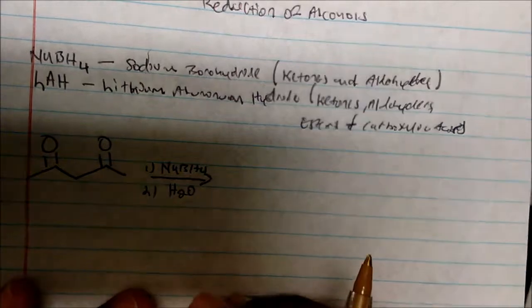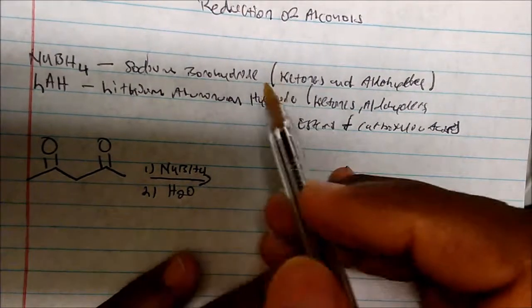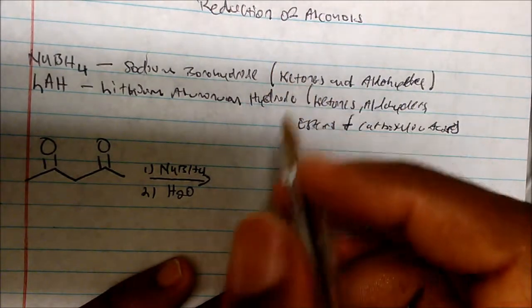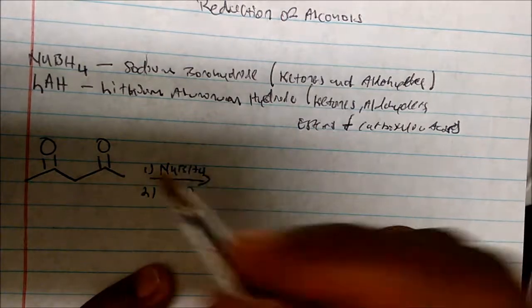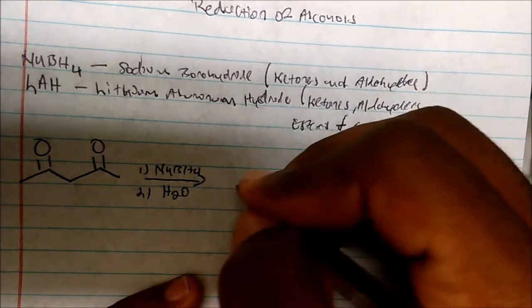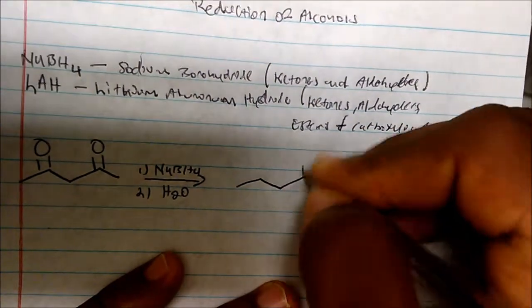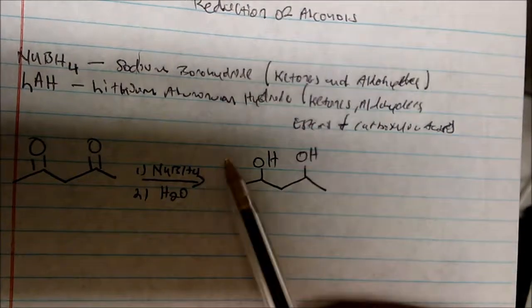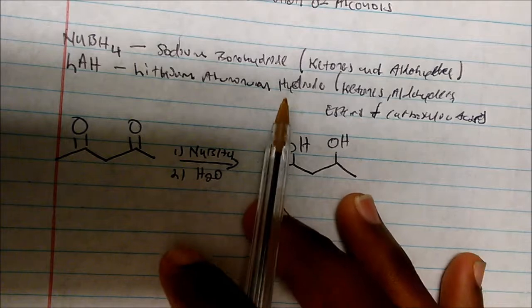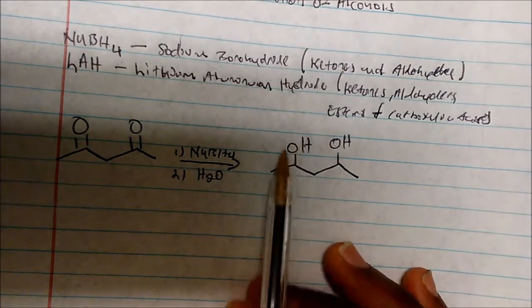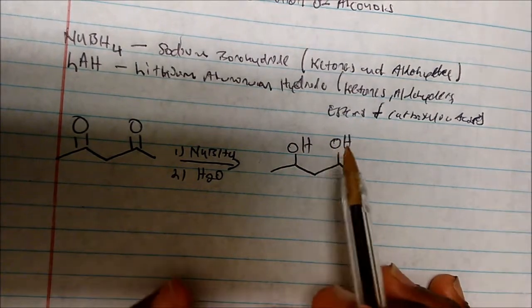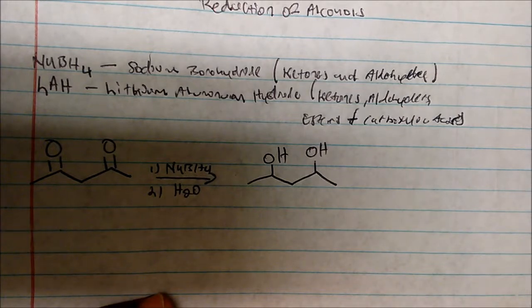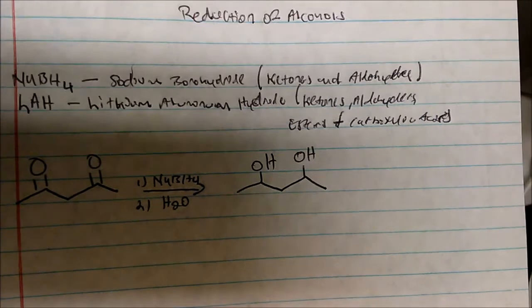What would happen? Well, we just said that it reduces ketones and aldehydes. We see that we have two ketones here, so this would be the observed product we will get. It reduces ketones and aldehydes to alcohols. So we're making alcohols in the process.